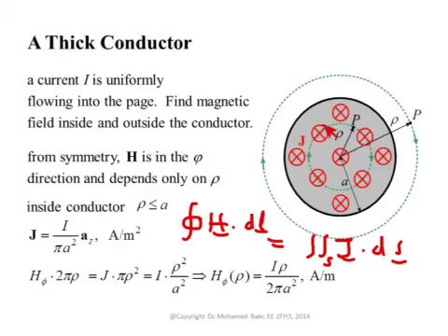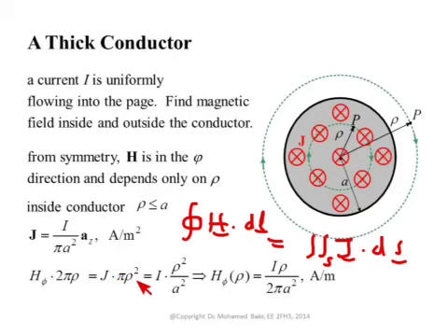Now, if the contour is inside the wire, then the current flowing through the surface enclosed by this contour is part of the total current. So it's equal to J dot dS integrated over this area. But because J does not depend on rho, I can simply multiply J by this small area, which is pi rho squared.